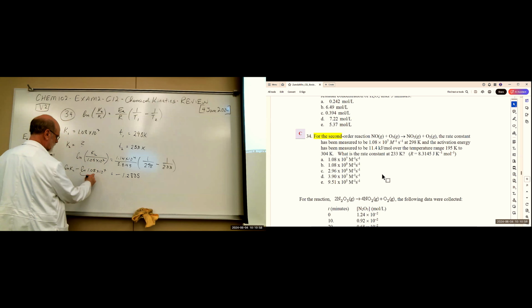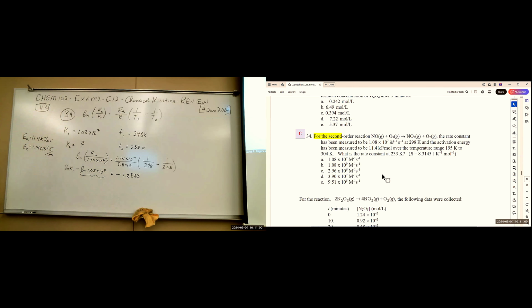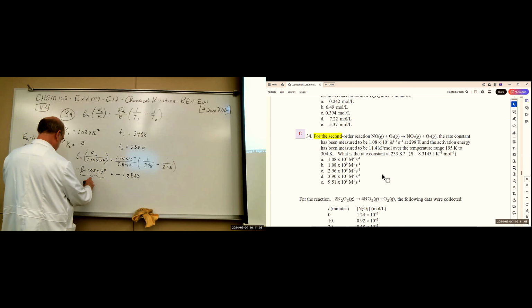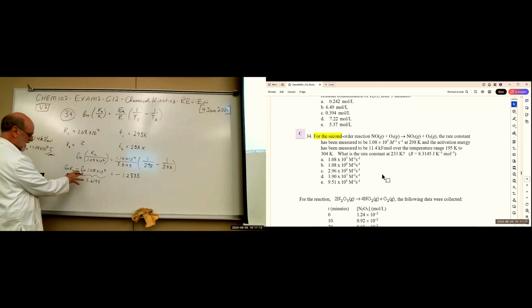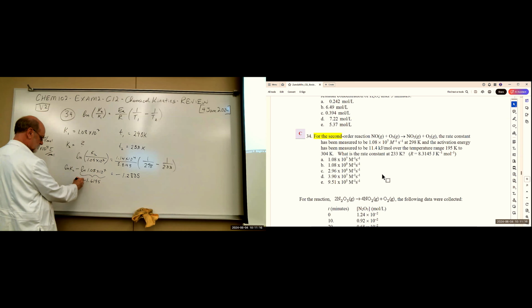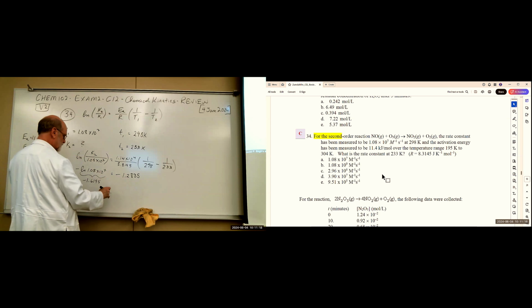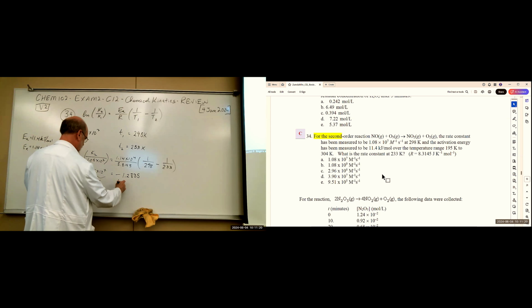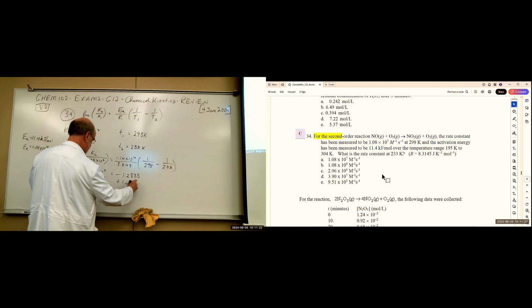Okay, so we can resolve that one. 1.08 exponent 7, take the natural log of that. This is 1.6195. So that minus, if we take that minus and put it on that side, it becomes a positive, right? 1.6195.